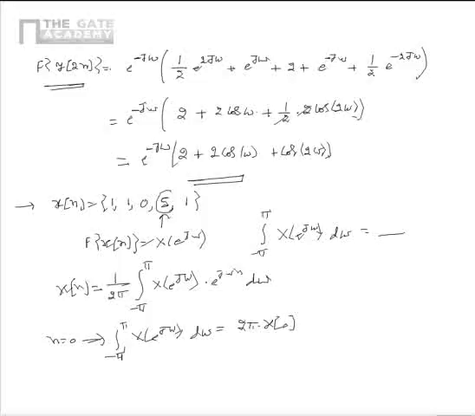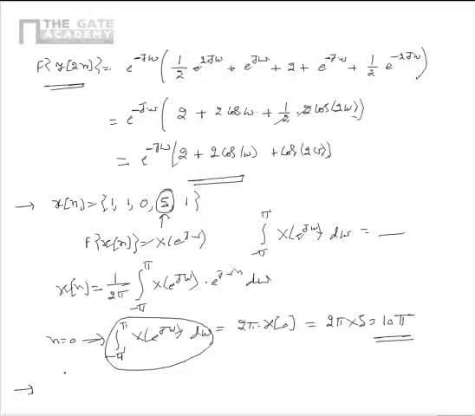But we know that x of 0 is given as 5. So this is equal to 2 pi into 5, that is equal to 10 pi. So for the given x of n, the integral from minus pi to pi of X of e power j omega d omega is equal to 10 pi.